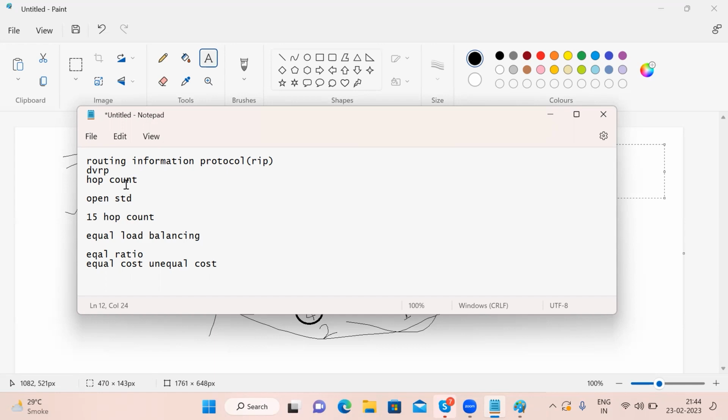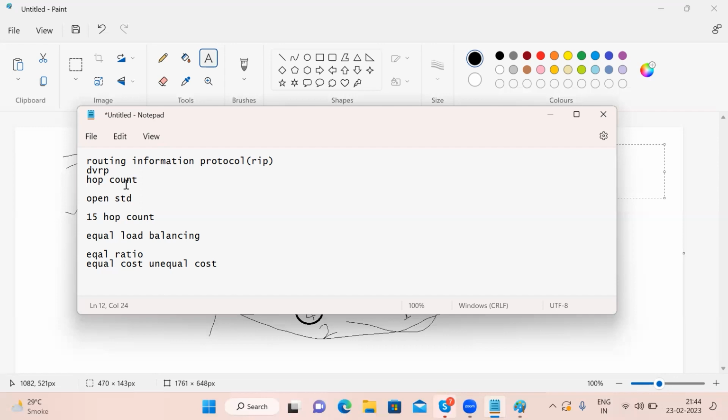Very good. And the third one is advanced distance vector routing protocol. And the fourth one is path vector protocol.